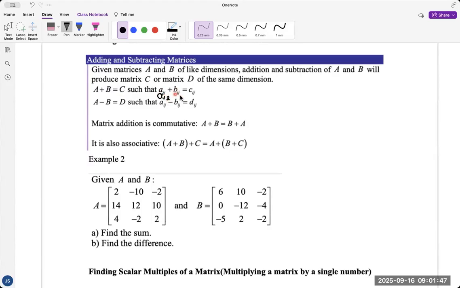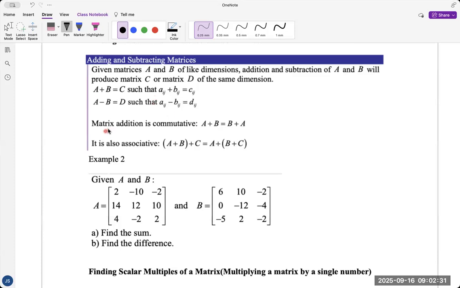Well, we're going to add that same entry in that same spot from matrix B, row 1, column 2, and that's what's going to produce the entry in the new matrix C, and then we're going to place it in C in that same spot that was located in A and B. So we'll see what that looks like. And very similarly for subtraction.